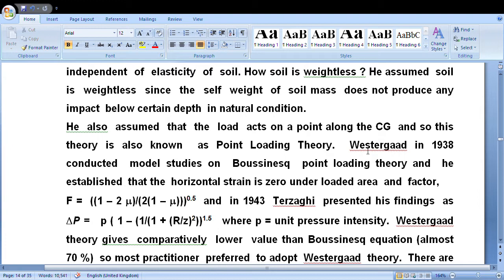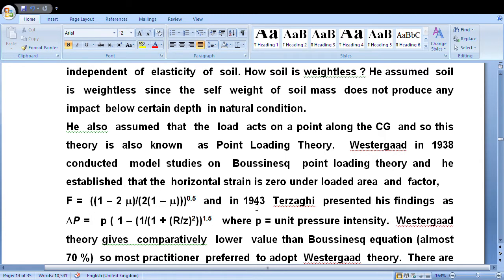Westergaard, in 1938, much later than Boussinesq, conducted model studies on Boussinesq point loading theory, and he established that the horizontal strain is zero under the loaded area, and the factor comes to this.